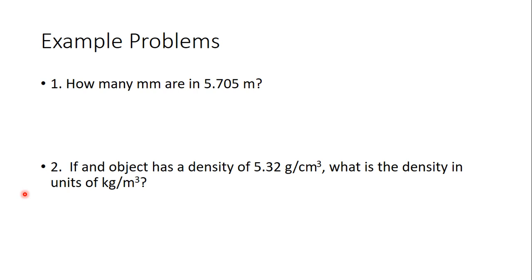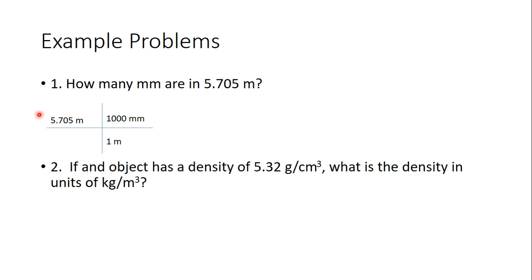Alright, so let's look at the first one. So we're going to set up our train track, and we start with given information. We have 5.705 meters. We want to convert this into millimeters. Well, our conversion factor is for every 1 meter, we have 1,000 millimeters. And if you don't remember that, go back to the video on SI units and significant figures.